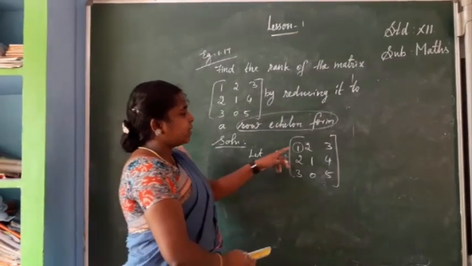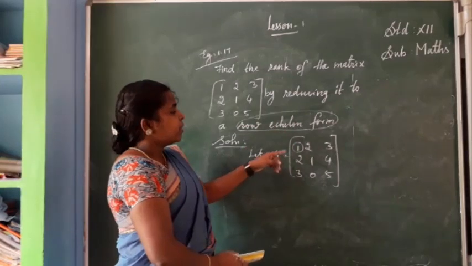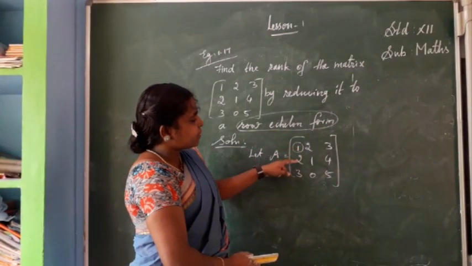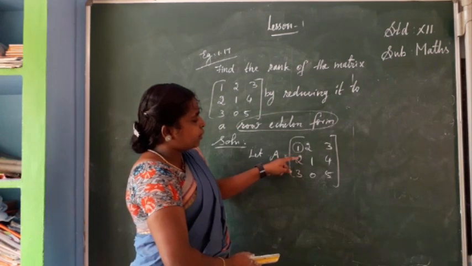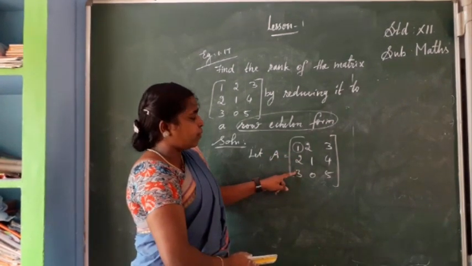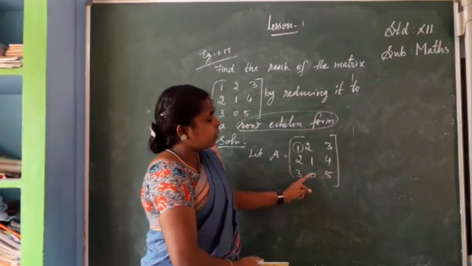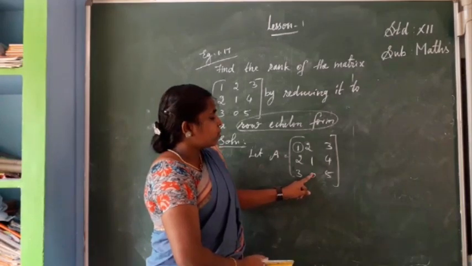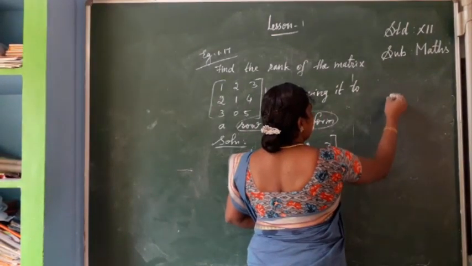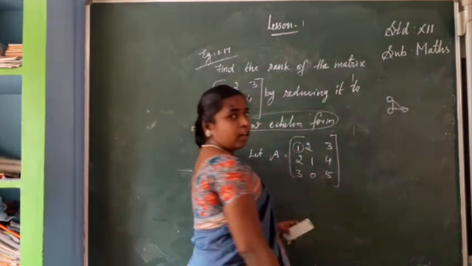If it is 0, interchange the rows. Next, below that first element in the first column we need 0s: the second row first element and third row first element. Then the third row second element should also be 0. That is the echelon form, the triangular form.